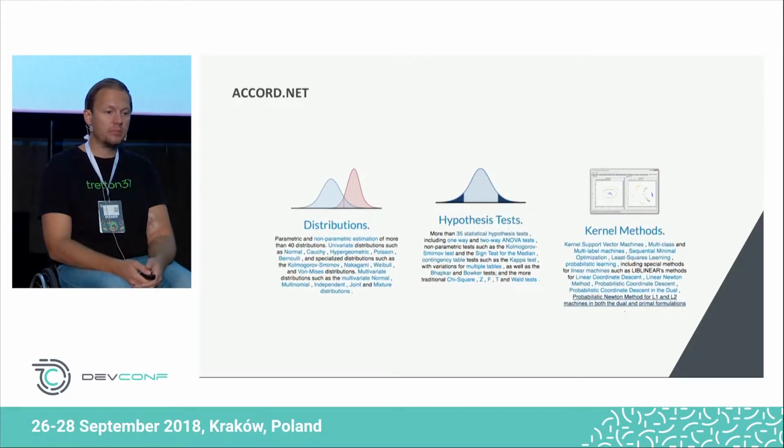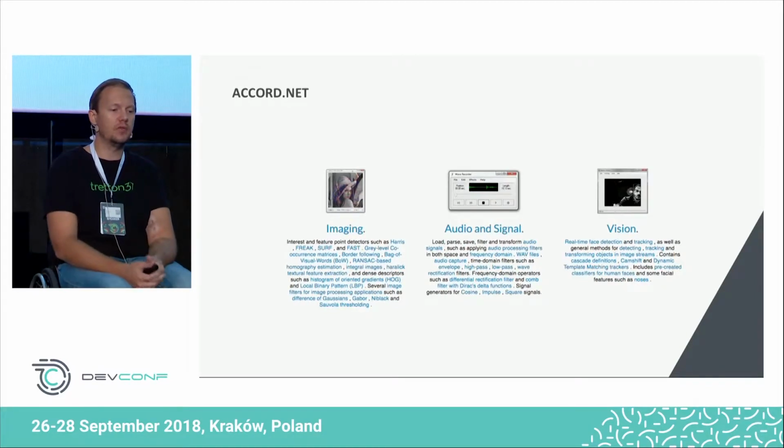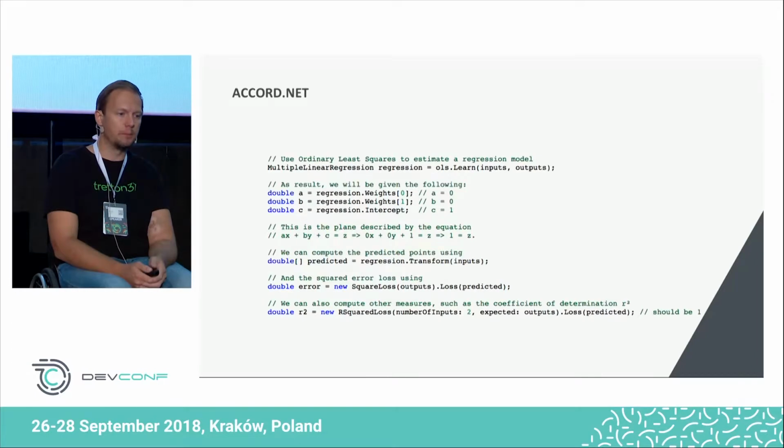It has some lower-level statistical libraries to do more complicated stuff. And it also has very specific libraries for dealing with images, audio signal, vision, and some natural language processing. So it can do quite a lot, but as I said, it's limited to only what it can do.